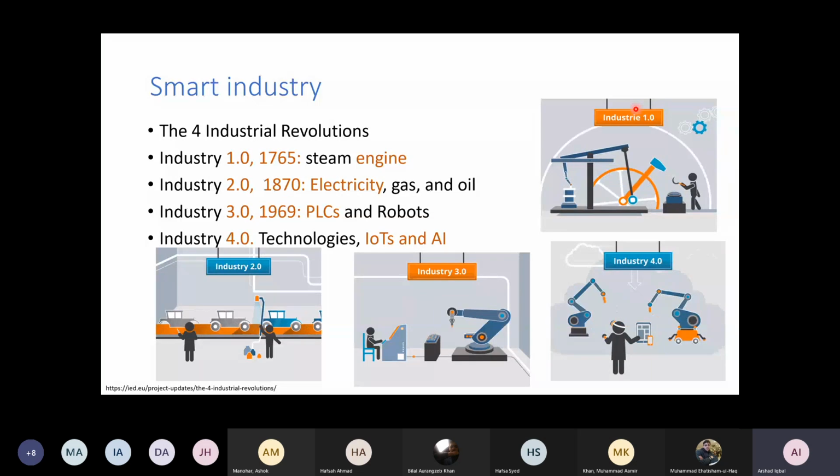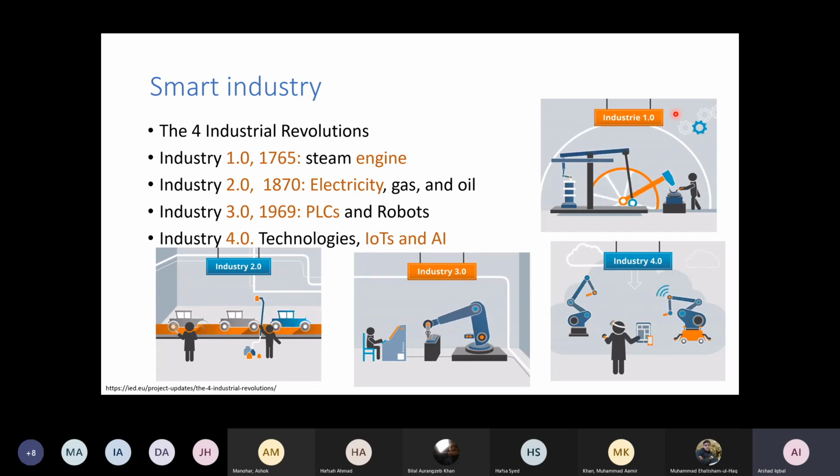Then it comes smart industry. If you could see the industrial revolution, it started from Industry 1.0, that is 1765, which contains the steam engine. If you could see these graphics, there is some kind of mechanism shown which is provided in Industry 1.0, and then after almost 100 years started Industry 2.0, which basically consists of electricity, gas, and oil.